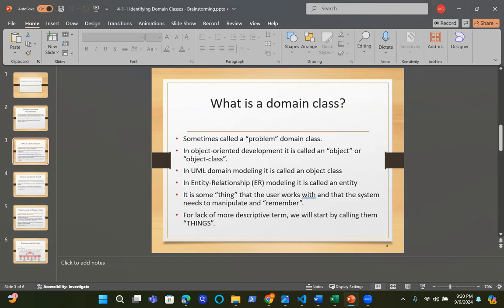UML refers to classes as object classes. Entity relationship modeling, which you may have learned in a database course, calls them entities. In essence, a class represents something that the user works with and the system must remember. To start our discussion, we will just refer to them as things.